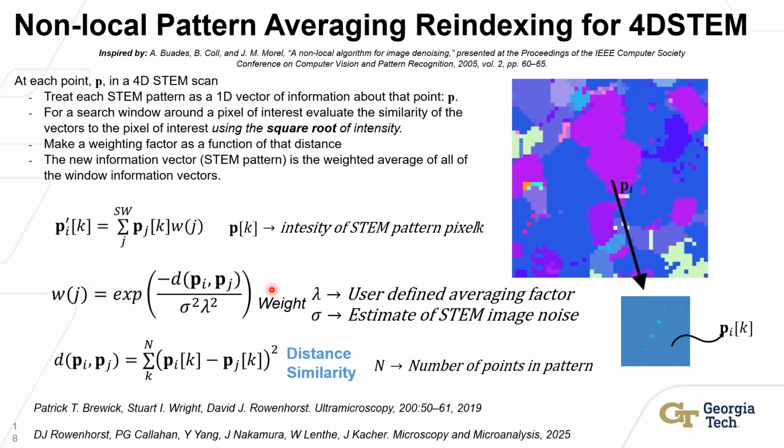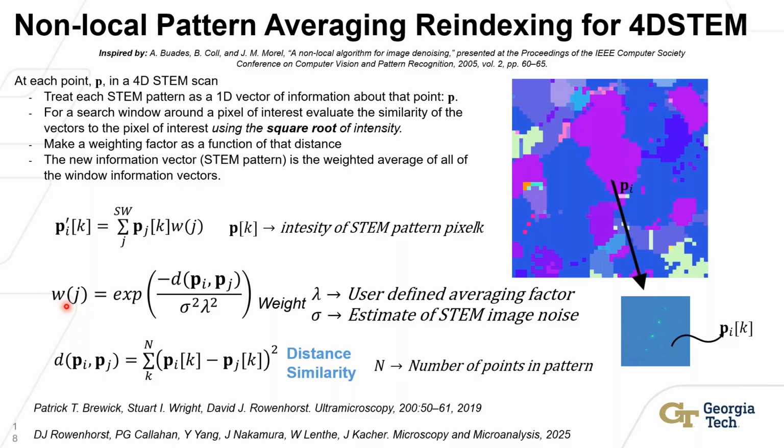This weighting factor measures the similarity of nearby diffraction patterns and uses that to calculate a weighting factor. So very similar patterns will have a high weighting factor, dissimilar patterns will have a low weighting factor. If a pattern is collected across a grain boundary, it's going to be very dissimilar to that original pattern. So it's going to have a low weighting factor, so it's not going to be averaged together. This allows you to preserve nanoscale features in your scans.